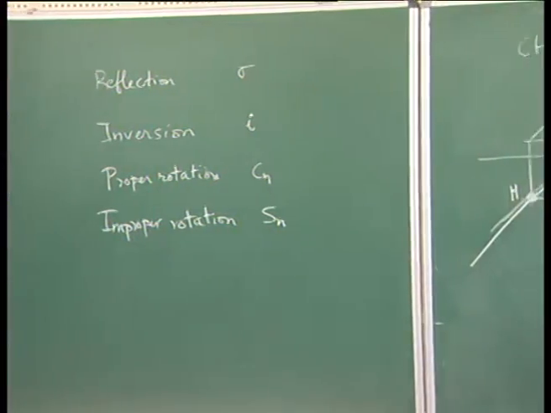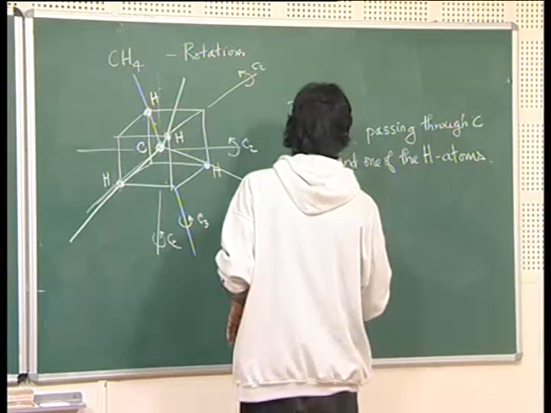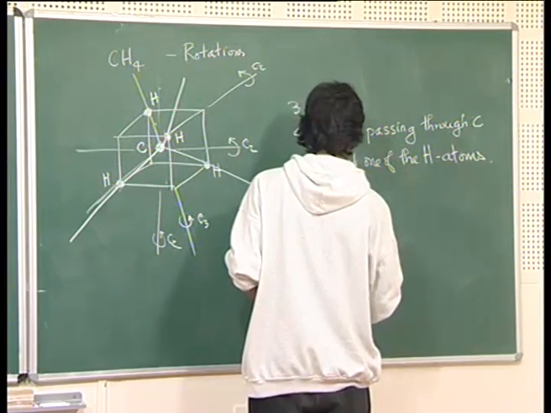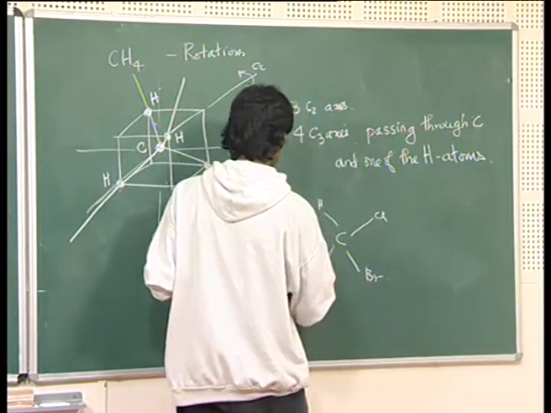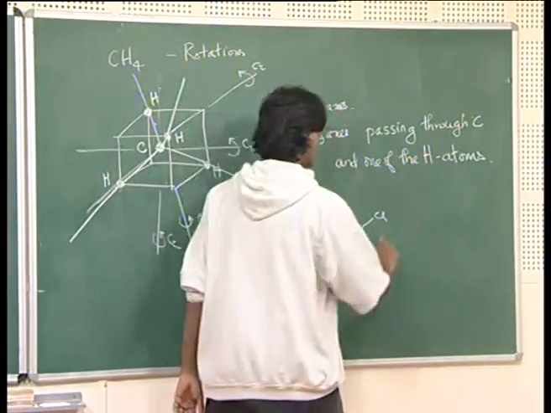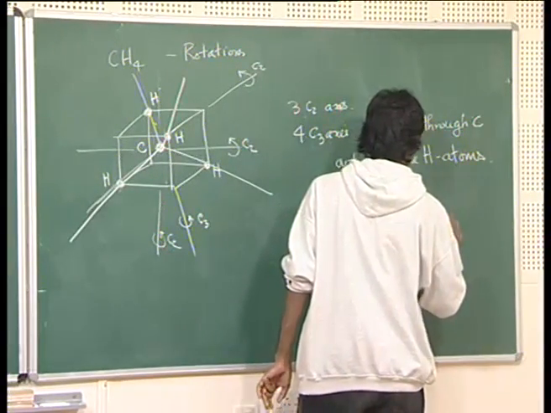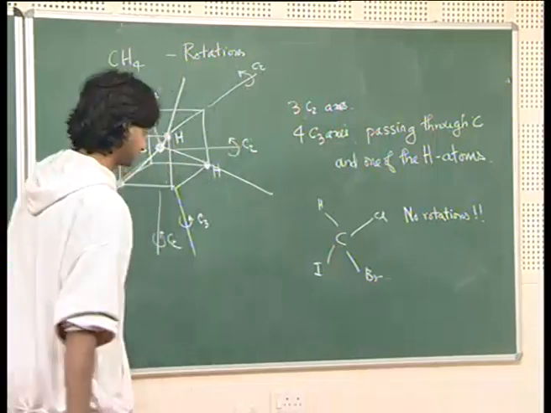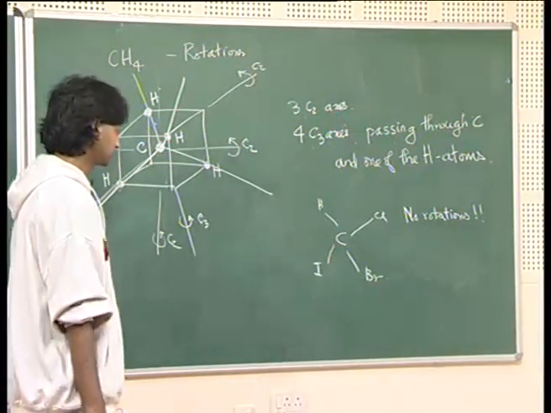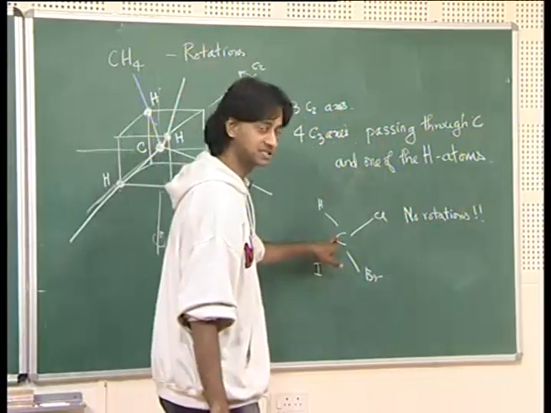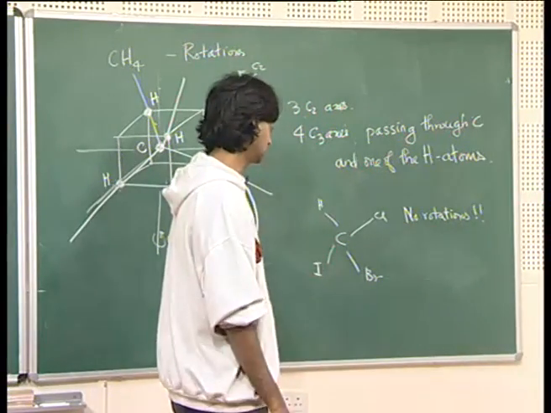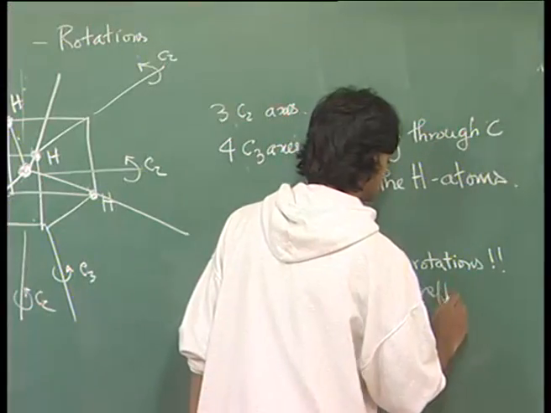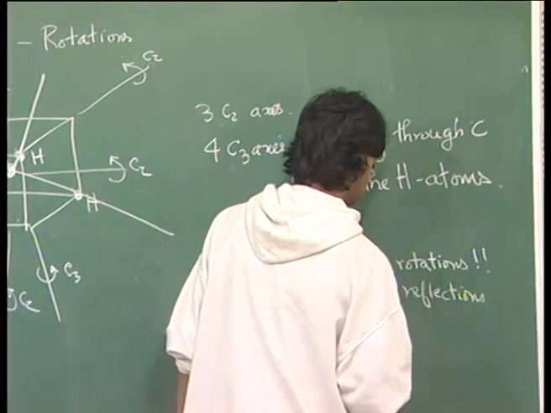Okay. Now obviously, suppose I take a molecule like CHClBrI. If I take a molecule like this, then it has no rotations. And of course it has no reflections, and it doesn't have a point of inversion.